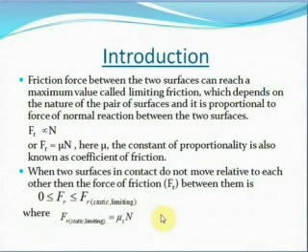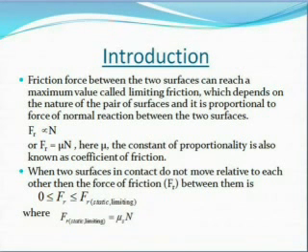Now let's find out what is the value of friction force. Friction force between two surfaces can reach a maximum value, which is called limiting friction, and this value depends on the nature of the pair of surfaces, and it is proportional to the force of normal reaction between the two surfaces.